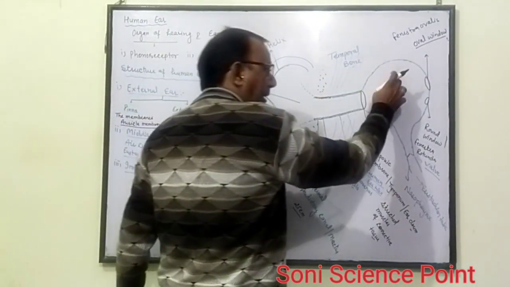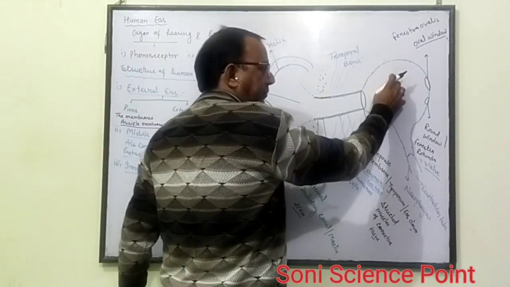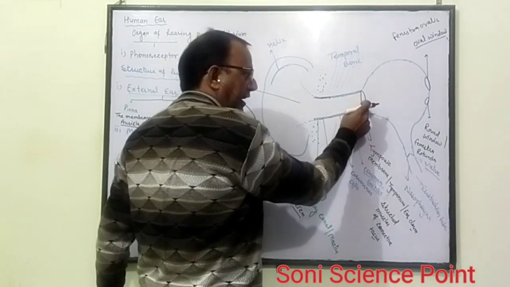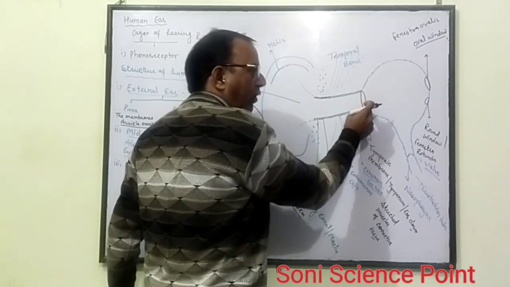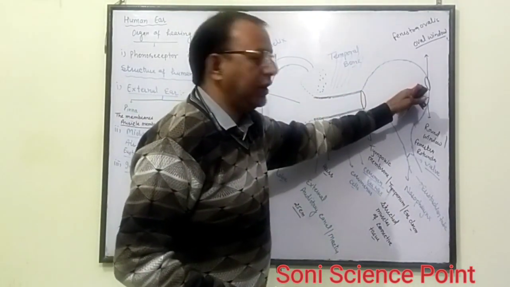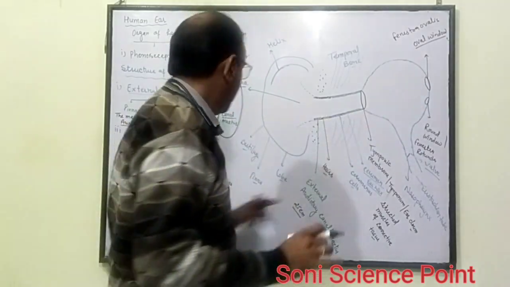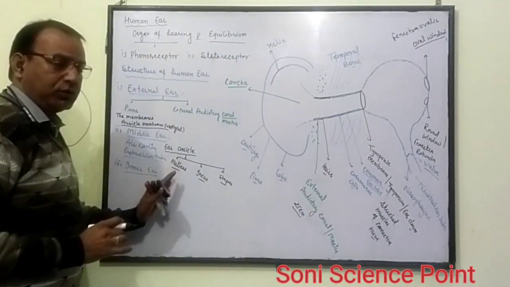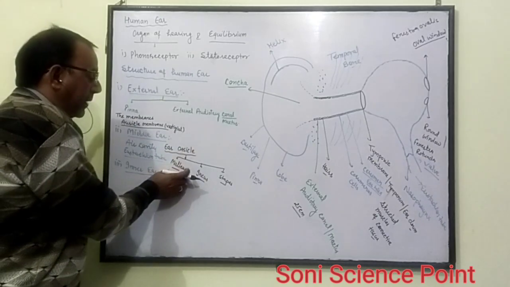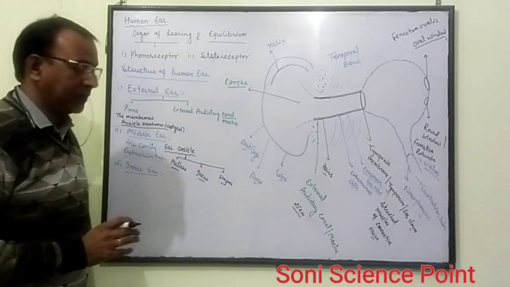The bones are present in the air cavity. These bones are anteriorly attached to the tympanum or eardrum and posteriorly to the oval window. The three ear ossicles are malleus, incus and stapes.